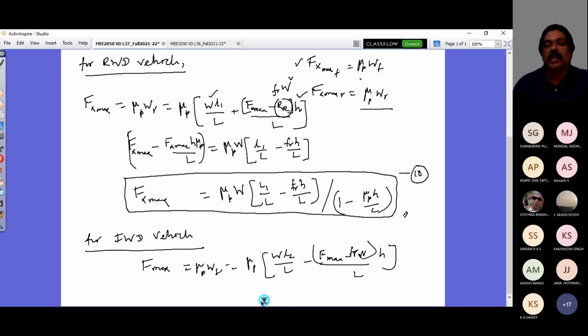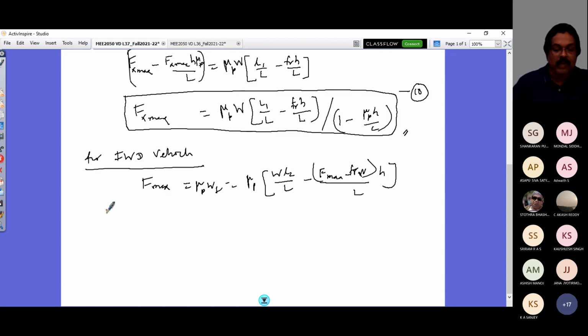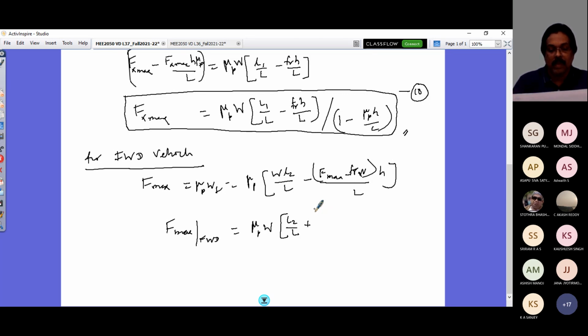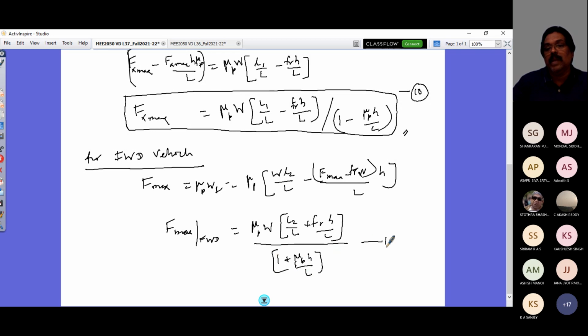So rearranging the terms similar to what we did for rear wheel drive, you will have now Fx max for a front wheel driven vehicle, that's going to be mu P times W into L2 by L, plus, in this case it is plus Fr H by L, divided by 1 plus mu P h by L. So this is equation number 11.